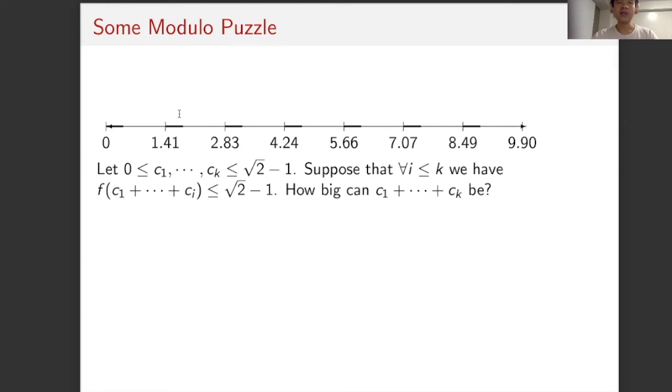If we are at any of the highlighted black parts over here, and we add something that is less than square root 2 minus 1, or something that is really small, there's no way you can jump from this part to another part over here, meaning that you cannot jump from a black part to another black part without a sufficiently big jump. So here's where my claim that square root 2 minus 1 is small enough comes in.